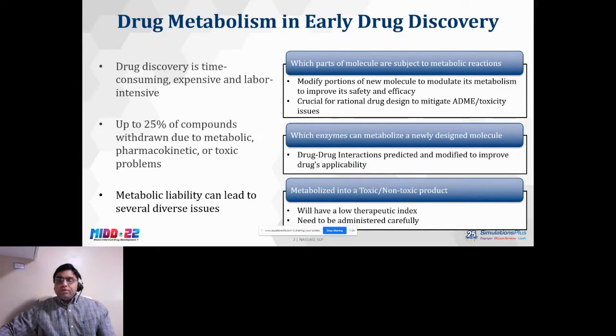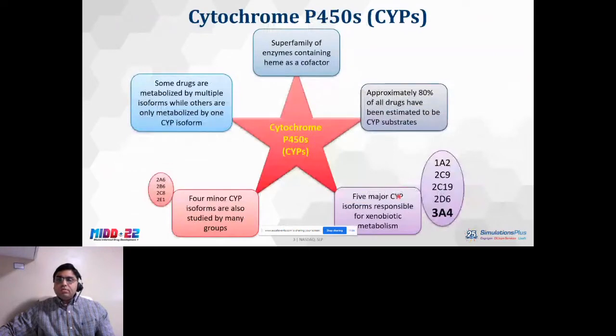CYP 450, or cytochrome 450s, or CYPs, are the primary macromolecular compounds responsible for almost 80% of the drug metabolism for drugs available in the market. These are superfamilies of enzymes that contain heme as a cofactor.